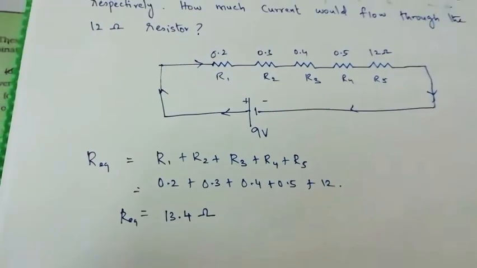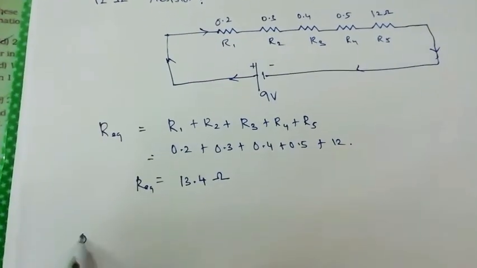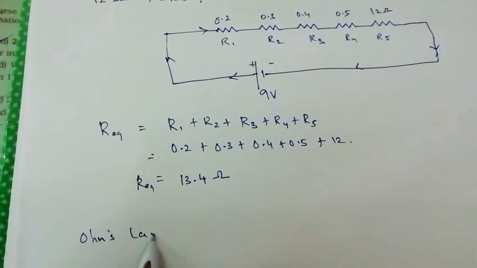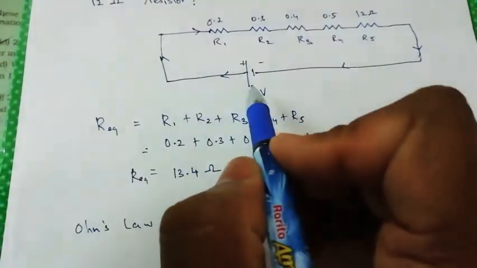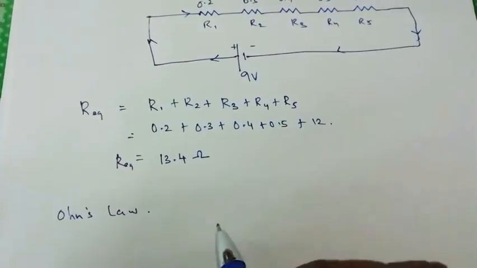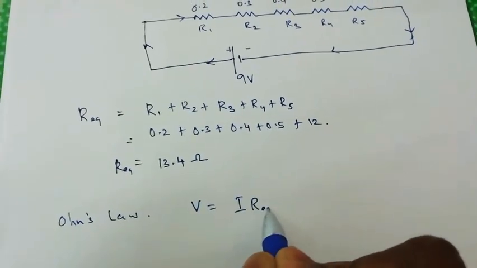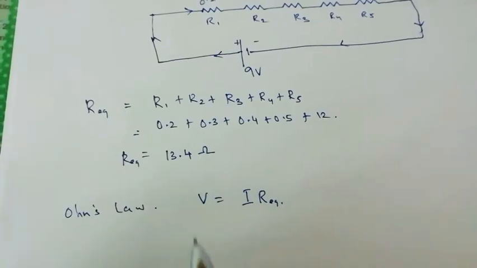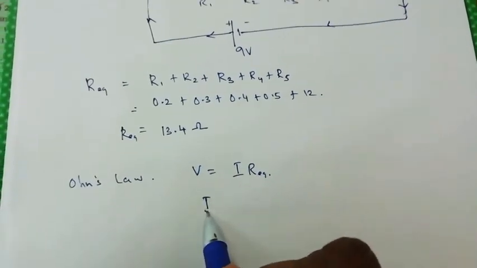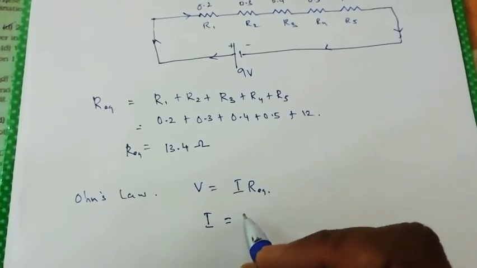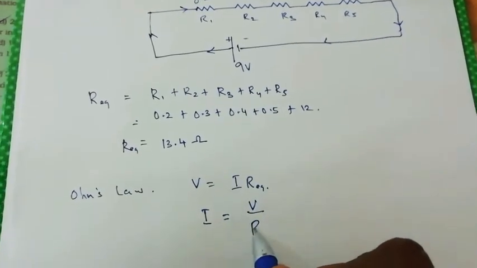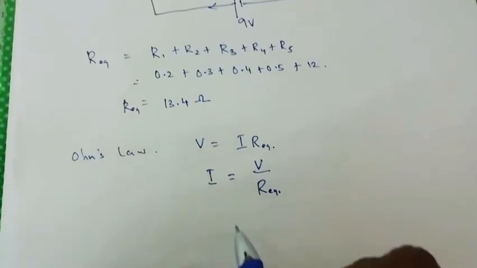So according to Ohm's law, the net voltage which is taken here is 9 volt. That means V is equal to I R equivalent, right? So we need to find the current I, which is equal to V by R equivalent.